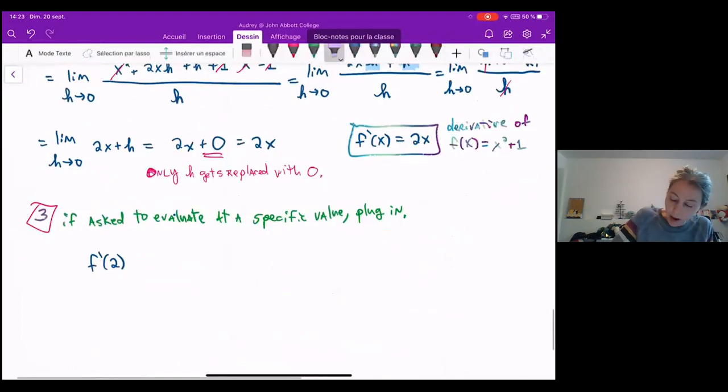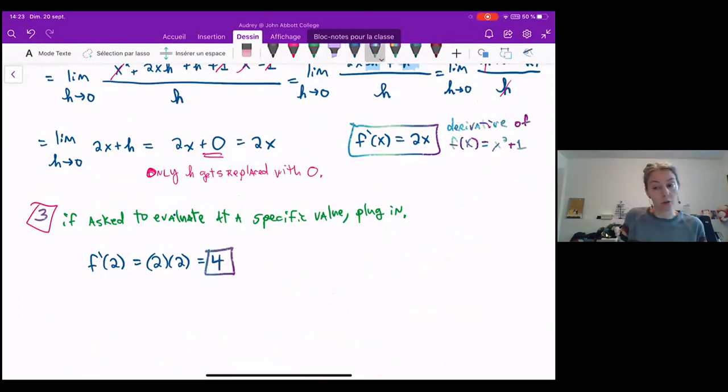F prime of 2, and I'm plugging it in to that derivative function that I got. So that is 4. A number, not a function, is the derivative at the x value 2. Which means, just FYI, to remind you that this is the slope of the curve at x equals 2.